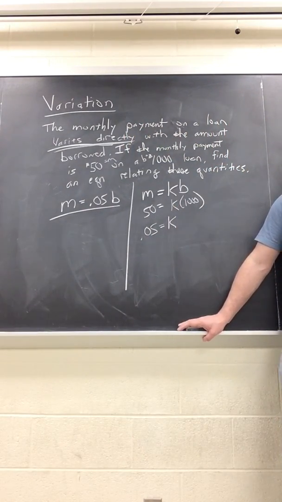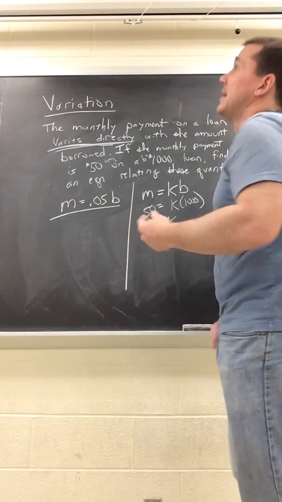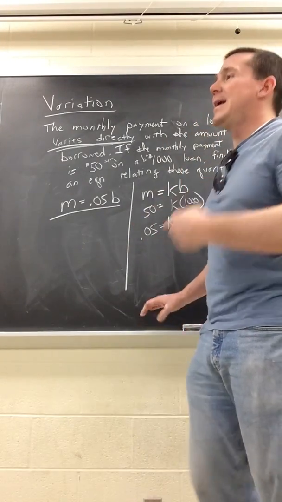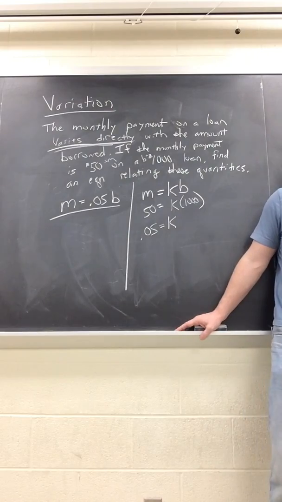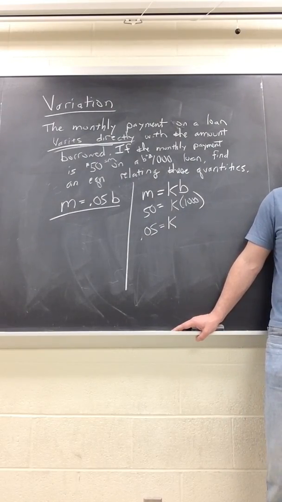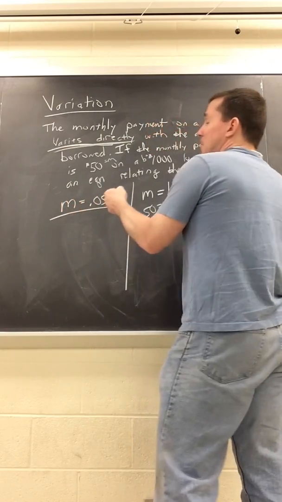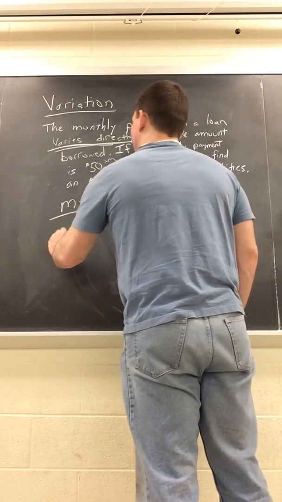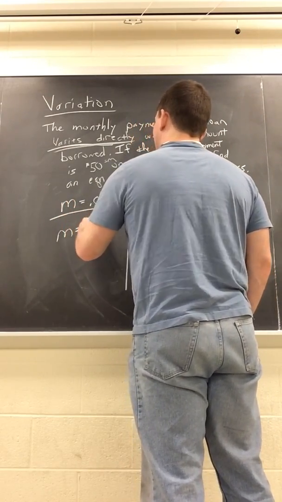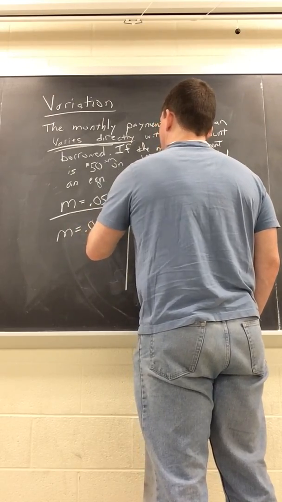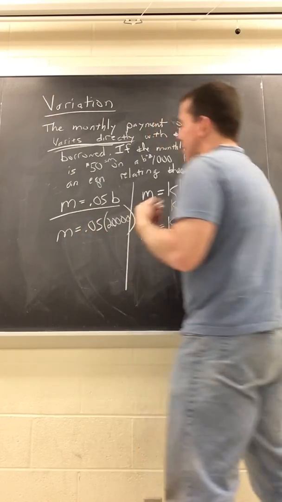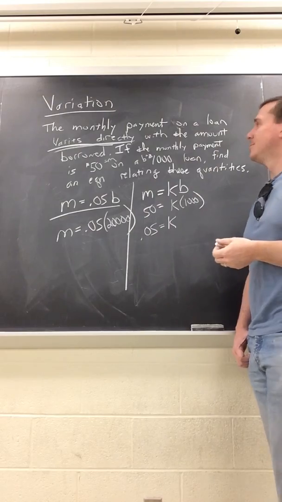A lot of times you can actually add a second step to this, and you could maybe say something like, what is the monthly payment if you borrow $20,000? But to do that, if you want to find the monthly payment when you borrow $20,000, just plug in $20,000, and then solve that out.